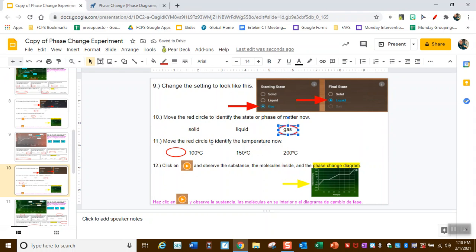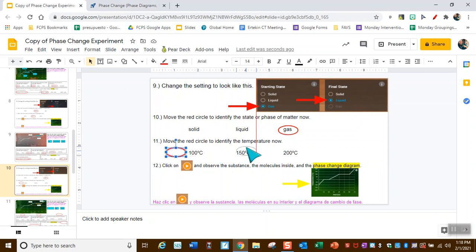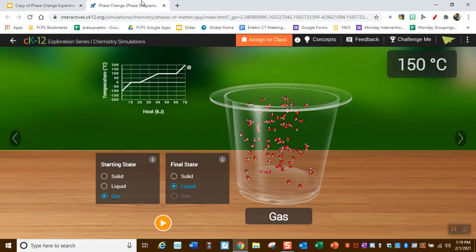Move the red circle to identify the temperature now. Right now the temperature is 150 degrees Celsius. So let's move that here to 150 degrees Celsius. Do the same thing. Click on play and observe the substance, the molecules, and the phase change diagram. Haz la misma cosa. Haz clic en play para observar la sustancia, las moléculas en su interior y el diagrama de cambio de fase.